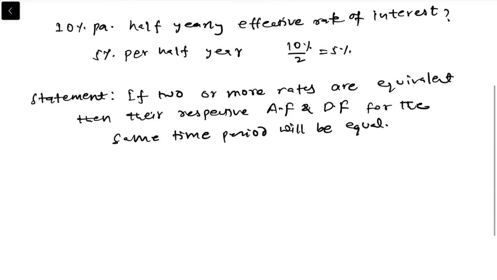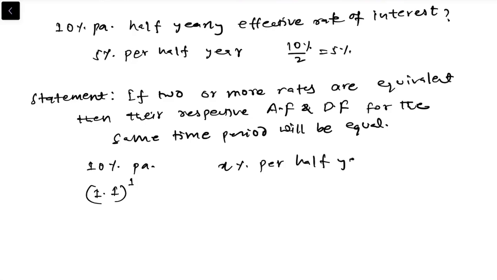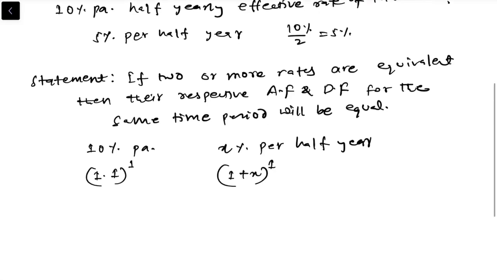Okay, so in the question you are given 10% per annum, and if you have been following my videos, then you can easily tell the accumulation factor for 1 year will be 1.1 to the power 1, right? Now let x% per half year be the half yearly effective rate of interest. So I can say 1 plus x to the power 1 will be the accumulation factor for 1 half year, right?